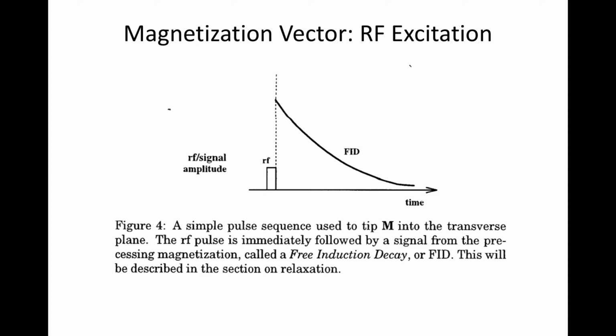And when I turn the RF off at this time, where it goes back down to 0, the magnetization vector now has a transverse component, and I see a signal in my receiver coil because that magnetization vector is now precessing in the transverse plane.